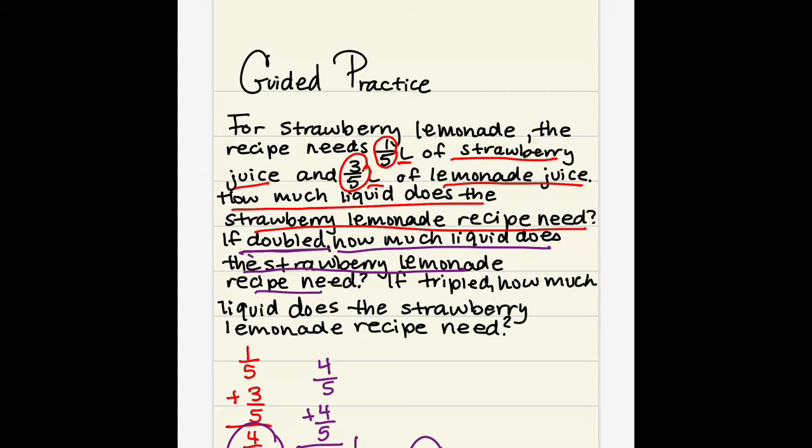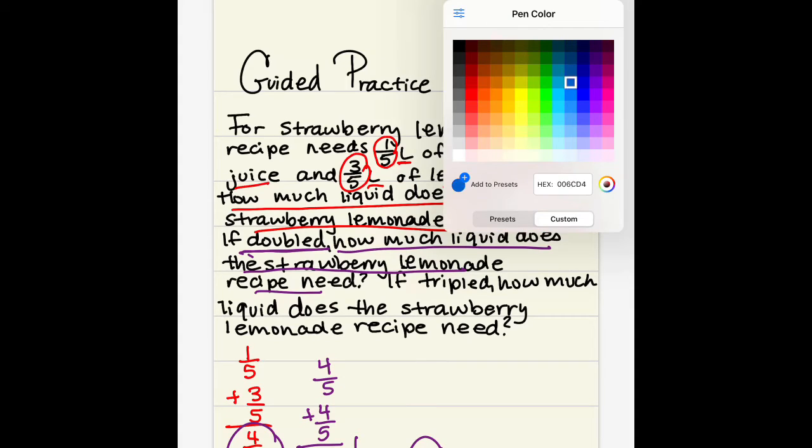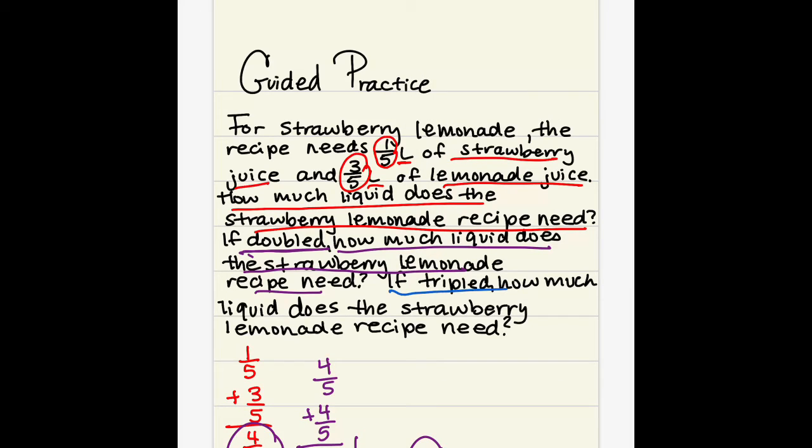And this question has a third part. The third part of this question is, if tripled, how much? Tripled means 3 times. How much liquid does the strawberry lemonade recipe need? So that would be 4/5 plus 4/5 plus 4/5, which would be 4 plus 4 plus 4, 12/5.